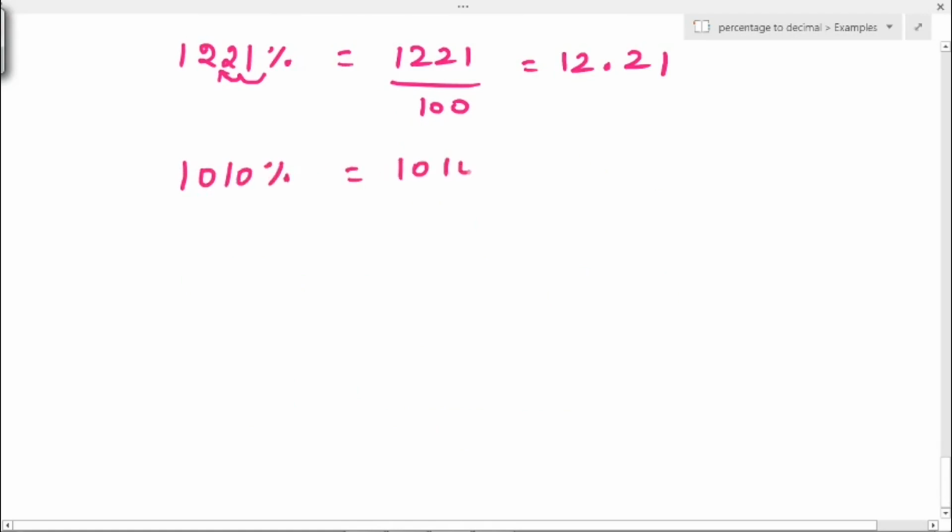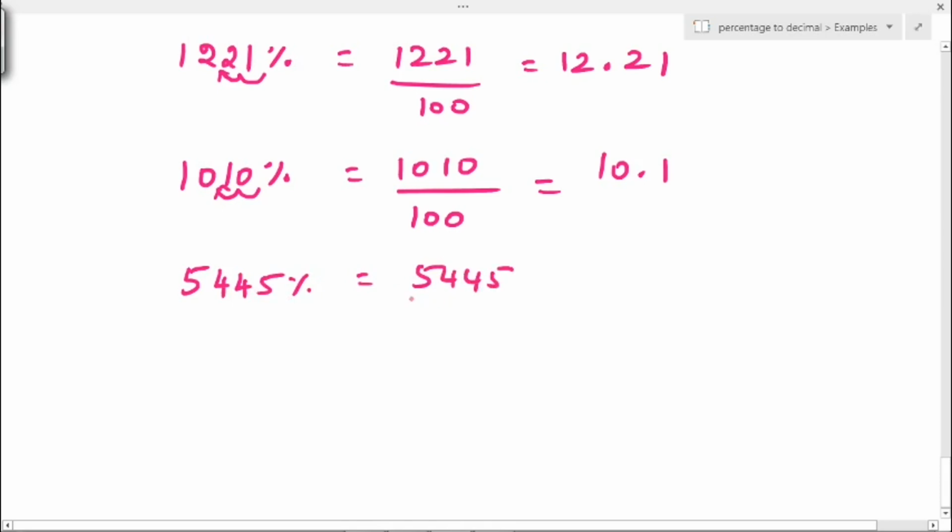The answer is 1010 divided by 100, which is equal to 10.1. Again we move the decimal 2 places to the left, so we write it as 10.1. This is the decimal value. Suppose we have 5445 percent. This can be written as 5445 divided by 100. So the answer is 54.45.